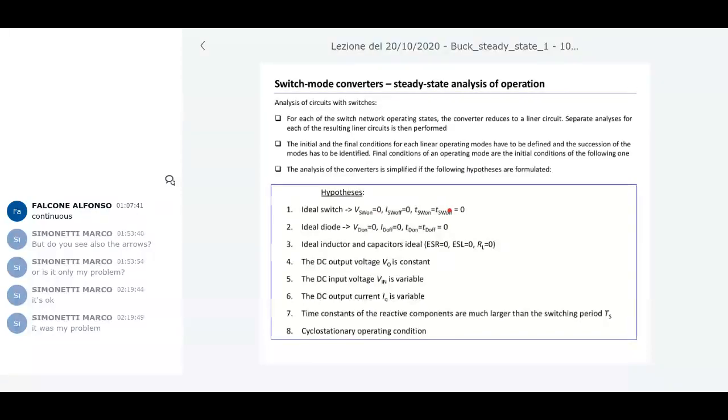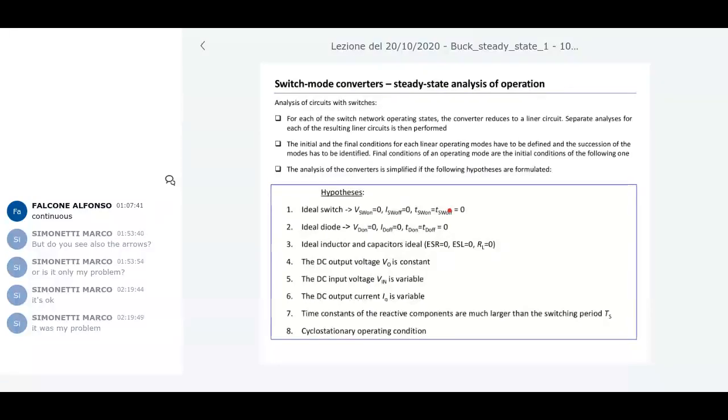And if the input voltage comes from a battery, the battery is not constant at all. The battery can discharge during the operation, so the voltage generated by a battery is not constant. So the input voltage typically is not considered to be constant. It can change from a minimum to a maximum voltage.